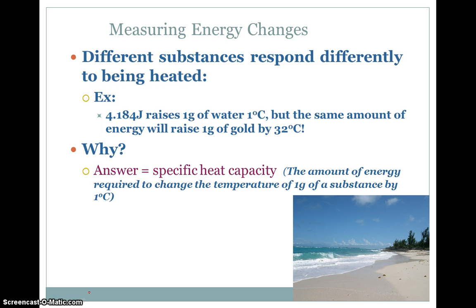If I have different substances, they're going to respond to being heated differently. For example, if I have a hot plate, and on that hot plate I have 1 gram of water, and I have 1 gram of gold.